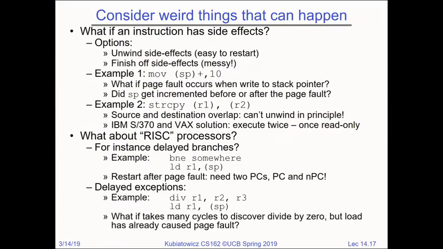Or delayed exceptions. This one is my favorite to think about. I don't know if they talk about this at all in 61C, but here's a divide. Are divides fast or slow? Slow. Oh, you didn't even ask Kubi, what do you mean? Yeah. So a divide is slow, usually relative to something else. So you've got a divide, and it's taking a long time, and the load comes around and causes a page fault.